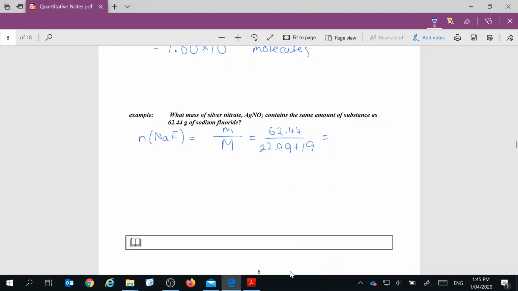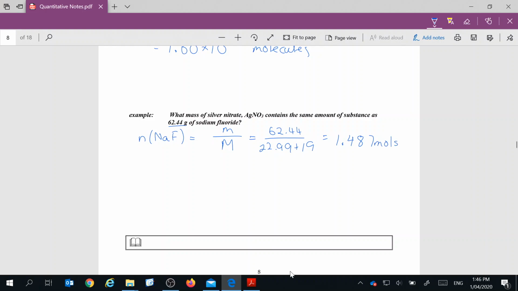And the answer to that is 1.487, with 4 sig figs, just like the question.